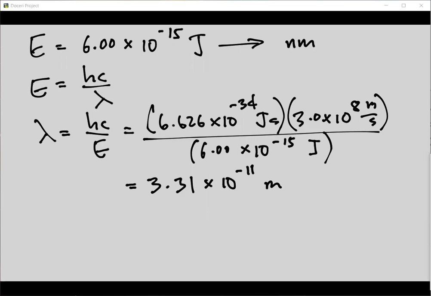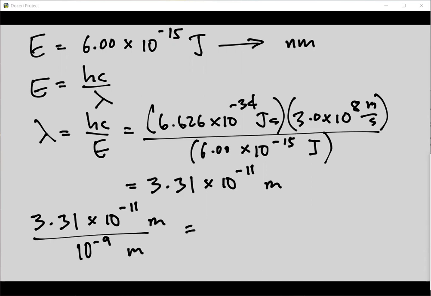So we're going to divide this by 10 to the negative 9, and we get nanometers.